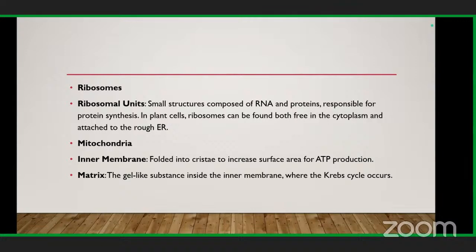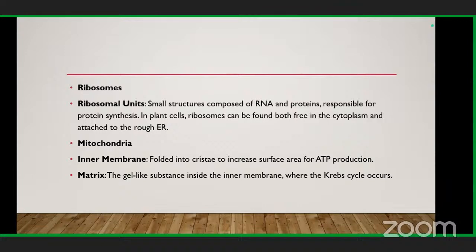Sometimes this question is asked: which is known as the energy currency? ATP is known as the energy currency of the cells, because it stores and transfers energy necessary for various cellular functions. ATP, adenosine triphosphate, is a molecule that provides energy for many processes within living cells, and it is often referred to as the energy currency of the cell.